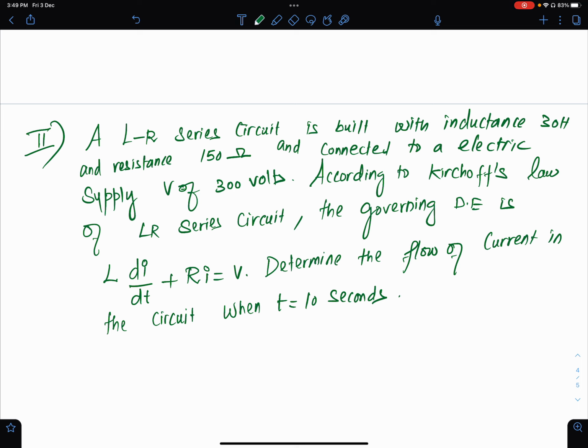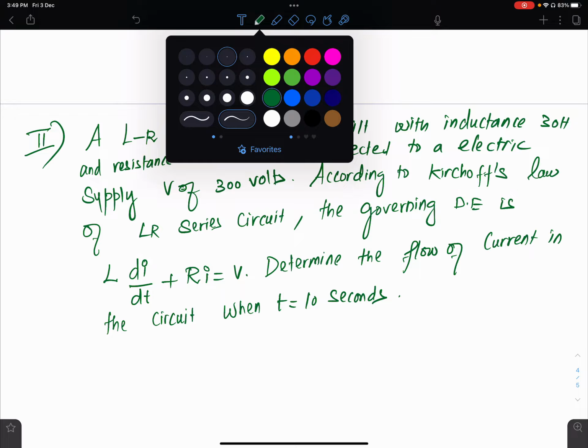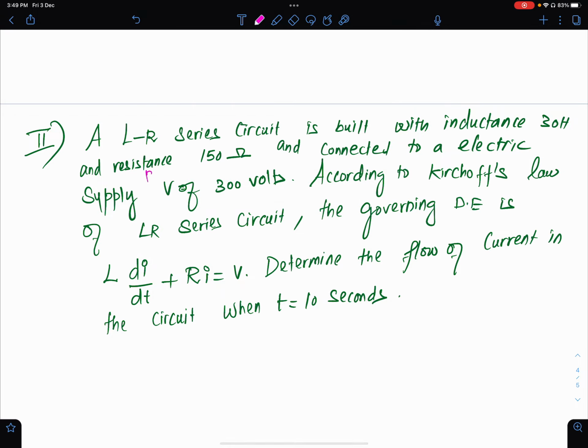They have given R, which stands for resistance, and L for inductance. Even for V, the voltage is given as 300 volts. Just put them in the differential equation, solve it and find the flow of current in the circuit when t is 10 seconds. Here the current is denoted by small i.